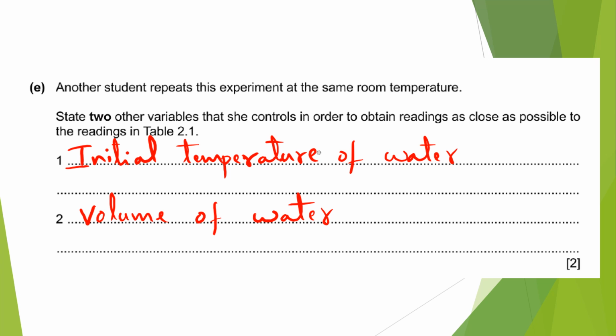So already one control variable is doing the experiment at room temperature, and what are the other control variables? The initial temperature of water must be the same, and the volume of water taken in the previous experiment and this experiment should be the same.